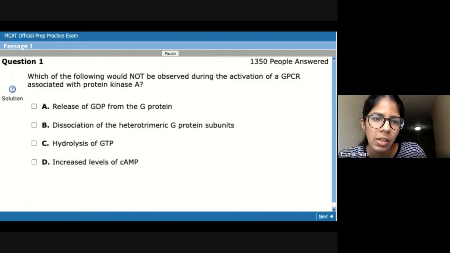Okay, so the first question was, which of the following would not be observed during the activation of the GPCR associated with protein kinase A?